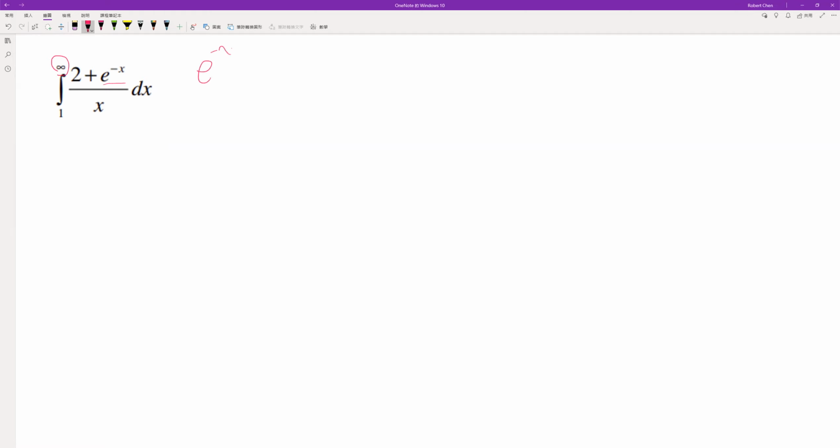So e to the negative x gets small as x approaches infinity. So we can drop e to the negative x.